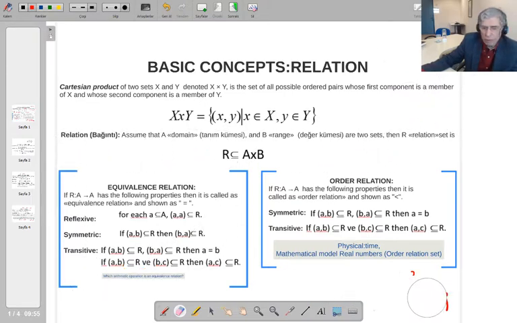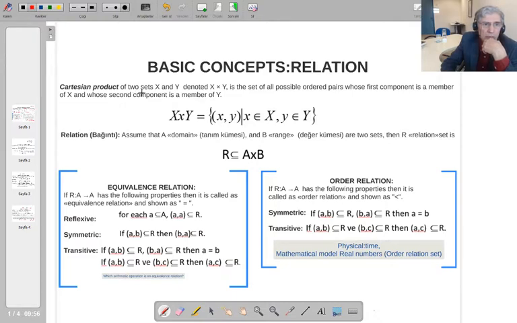The beginning of mathematics starts with sets, of course, you know that. Relation between the sets is the second basic concept. In order to define a relation, we need to know what Cartesian product is. Cartesian product, let me read it directly and then explain it later on.